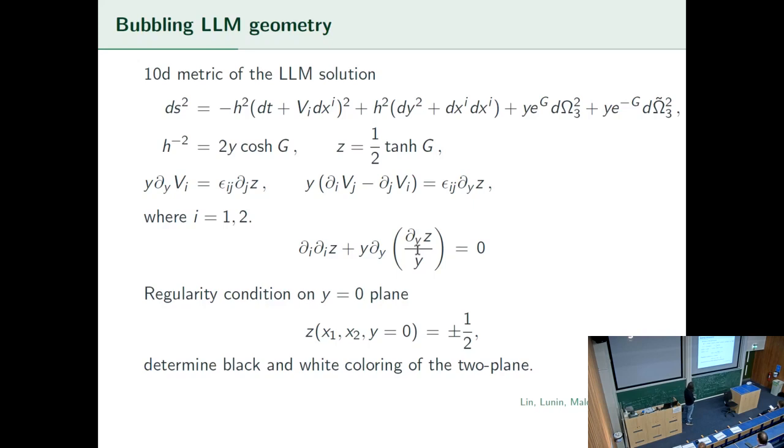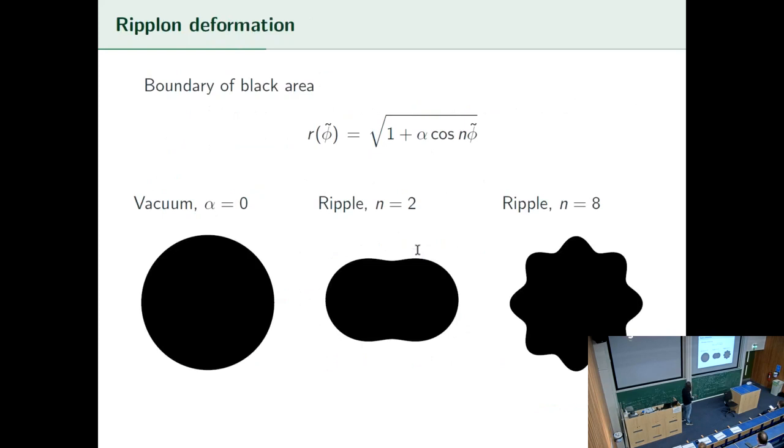So now let me show you the geometry that I'm going to consider. We're going to consider the geometry which has the same topology as the vacuum diagram, which is simply the black disk. And we take a small deformation of this boundary given by this equation in polar coordinates.